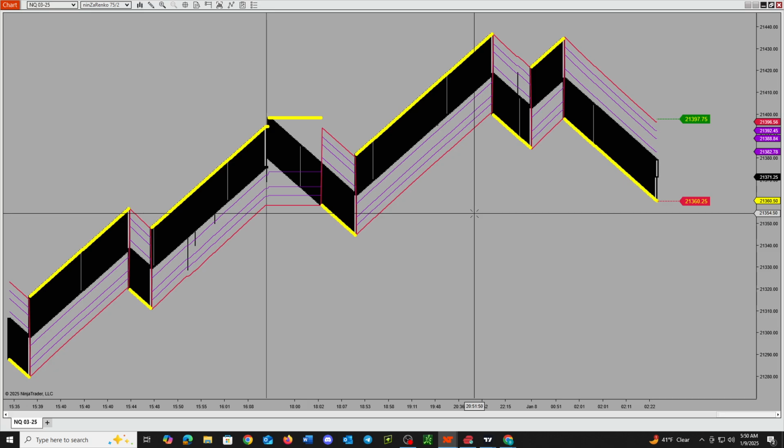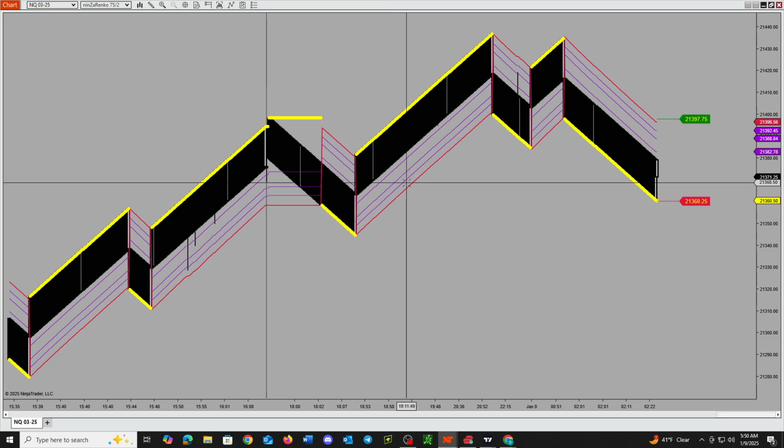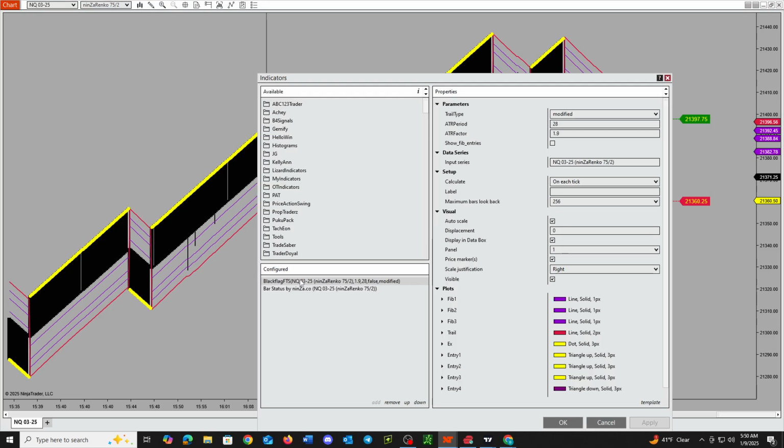First of all, this is a 75-2 Ninza bar with nothing more than the black flag indicator on it. Let's open it up and show you. That's it right there. Here are the settings, 28 and 1.9. You can set this ATR factor to whatever you desire.